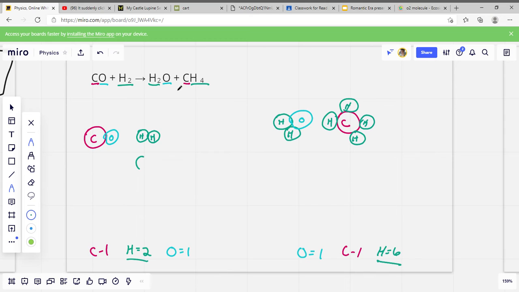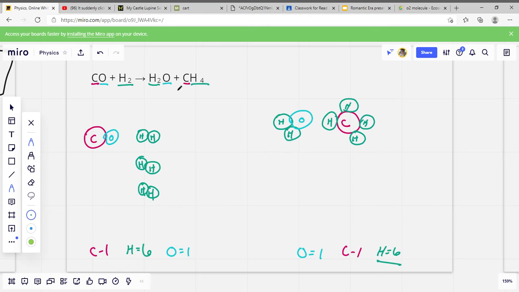So if we added another hydrogen, that counts for 2 of them. Okay, so this would be 4. And if we added another hydrogen, that would make it be 6. Now we should be balanced. So I've got 1, 2, 3, 4, 5, 6.